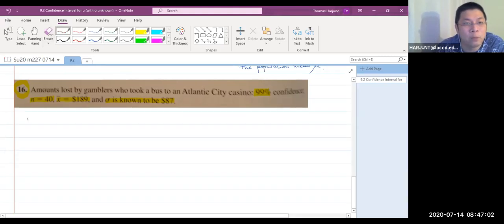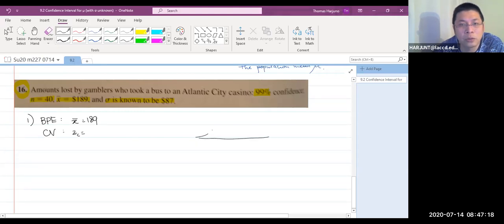Okay, now step one, the best point estimate is X bar equals 189, and then the critical value. We need 99%, so let's sketch that to have a feeling of what the critical number is, what we put into our calculator. 99% in the middle, so the remaining 1% will be shared by two tails, that's 0.5% on each side.